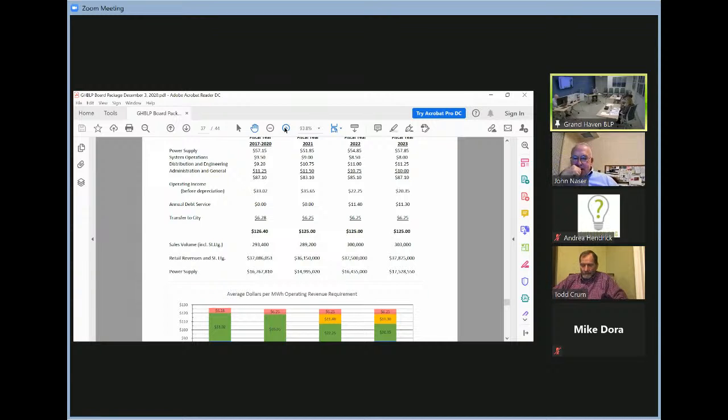For 2023, I used the same $5 per kW month that Pat gave you earlier in his presentation, because that's about where the forward price curve is for current purchases. Now, we've actually purchased below that level. If you remember, a few years ago, we bought 10 megawatts, or we probably should have bought more. You can say, well, why didn't you buy it at $3 when it was available at $3?